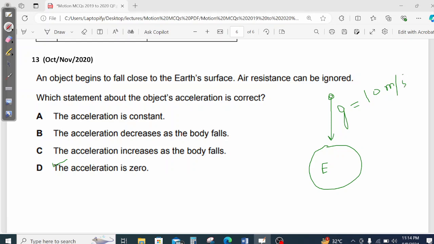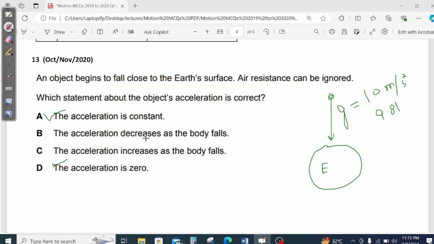The actual value is 9.81, so you can use either according to the situation here. The value of acceleration is not changing close to the earth's surface, so your answer will be A here.